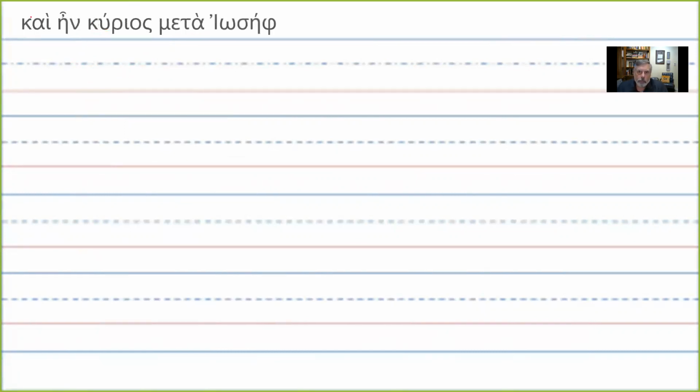All right, and here we have kai, en, kurios, meta, Iosef. So kai is the word for and, and en is the word we learned earlier. I don't know if it was the last time we met or prior. It's one of the words in our vocabulary. We learned more about it last week when we looked at eimi. This is the past tense of eimi. It's a verb. We will get to verbs later, but because it's past tense, it doesn't mean is, but it means was.